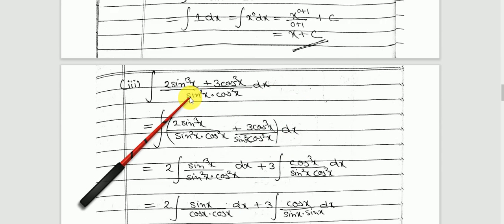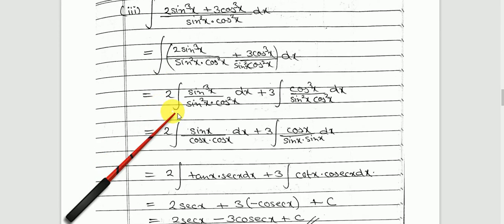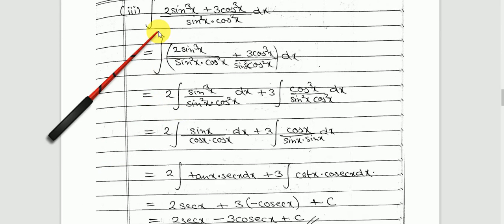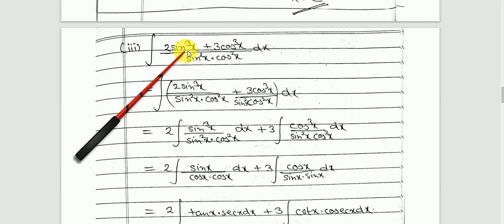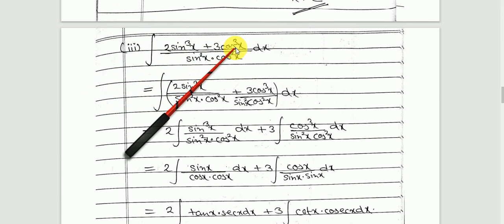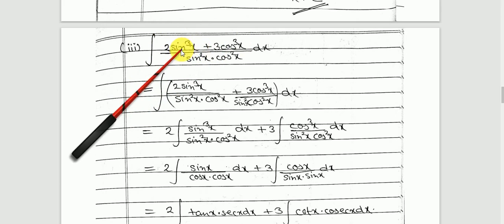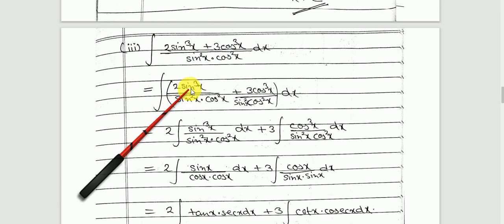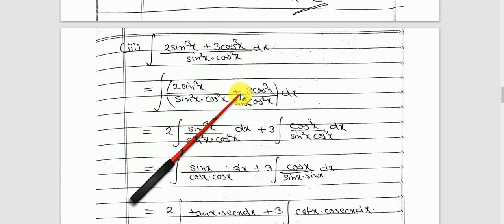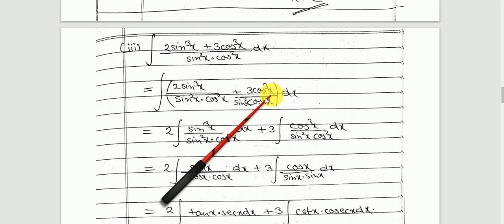Next, you have to integrate 2 times sin cube x plus 3 cos cube x upon sin square x into cos square x. Again, you don't know the direct formula for this, but we can write it as 2 times sin cube x upon sin square x into cos square x plus 3 times cos cube x upon sin square x into cos square x.